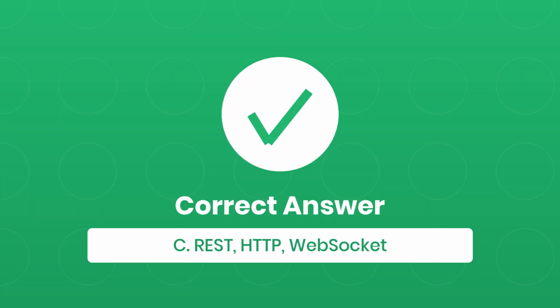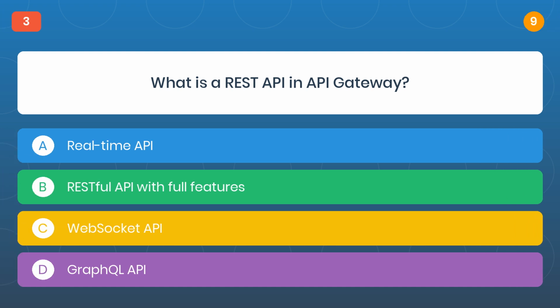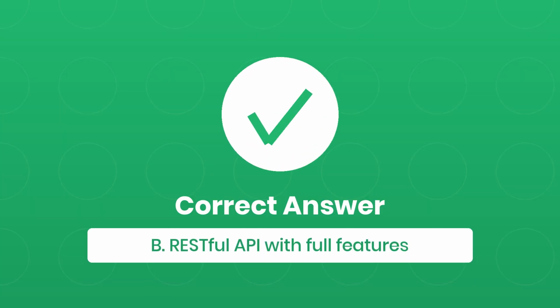The correct answer is C, REST, HTTP, WebSocket. Question 3. What is a REST API in API Gateway? The correct answer is B, RESTful API with full features.